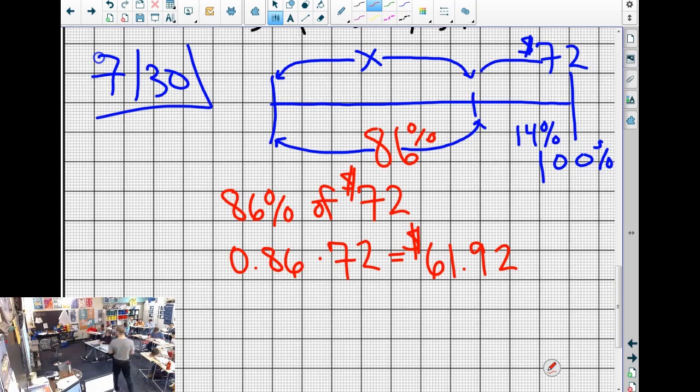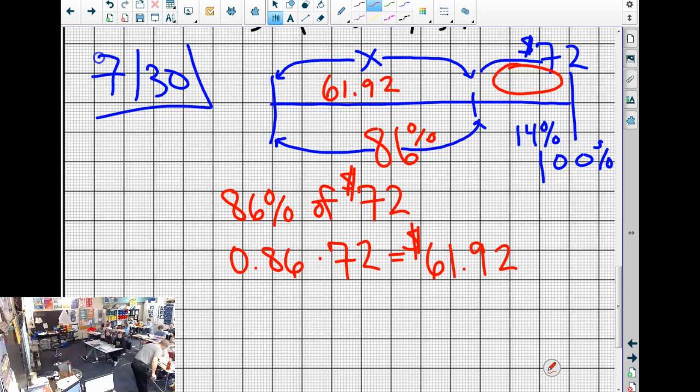Isaac, where on the little graph is 61.92? The X spot. Great. Okay. Madison, where or what is this one unlabeled part? Or if you haven't figured that out yet, how could you figure it out? This little area here.